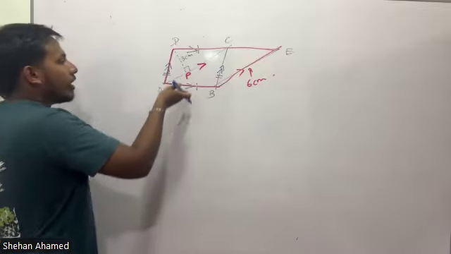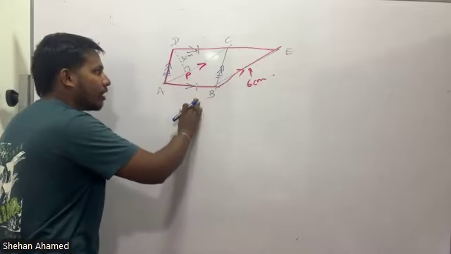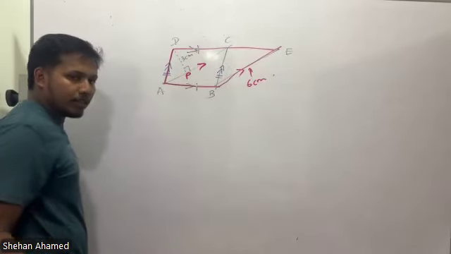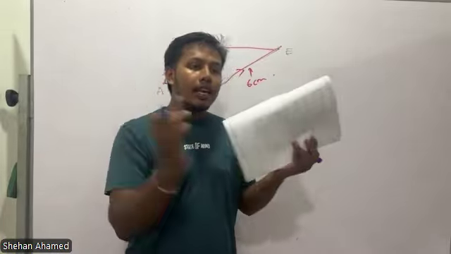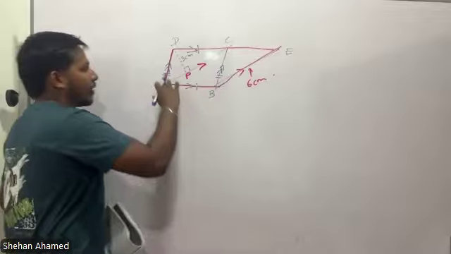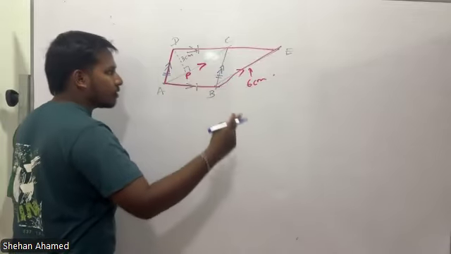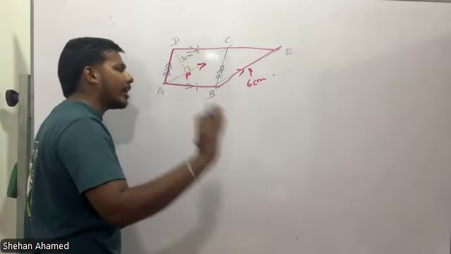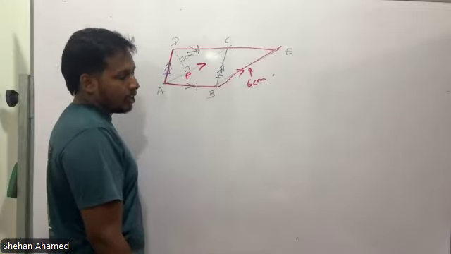There's a theorem: if there are 2 parallelograms lying between the same pair of parallel lines and on the same base, then the areas of the 2 parallelograms are equal.